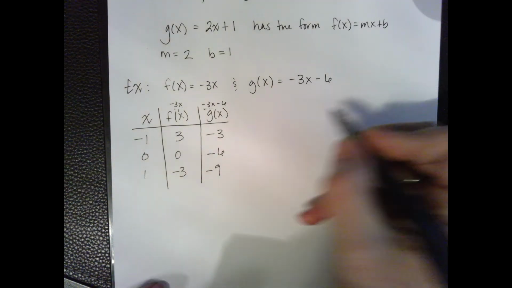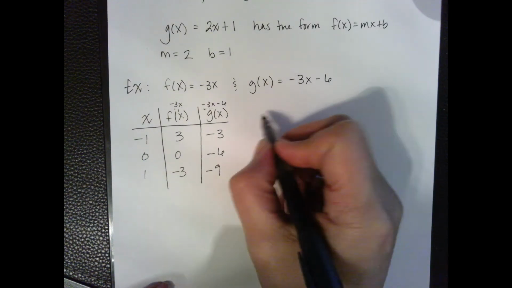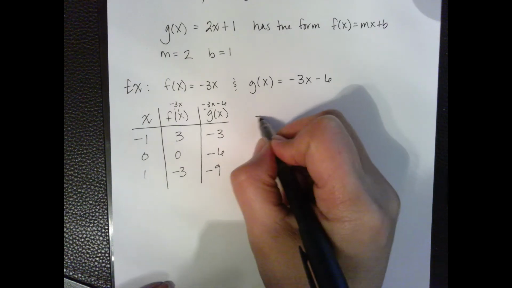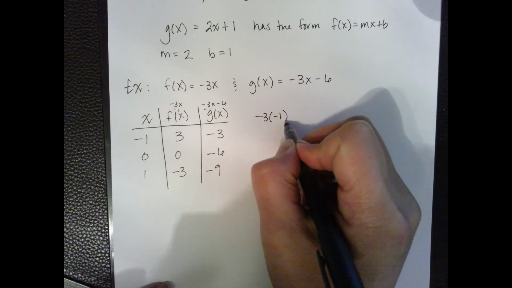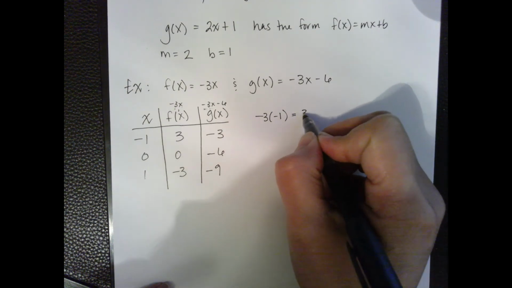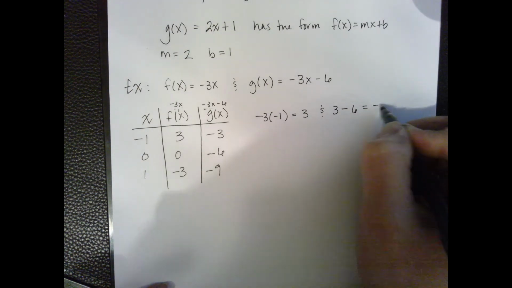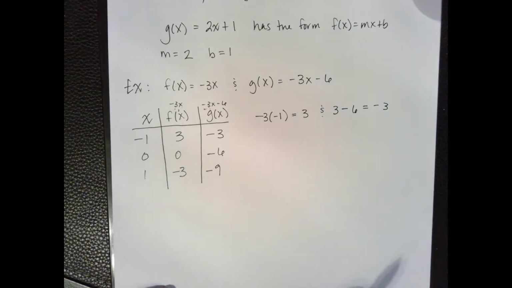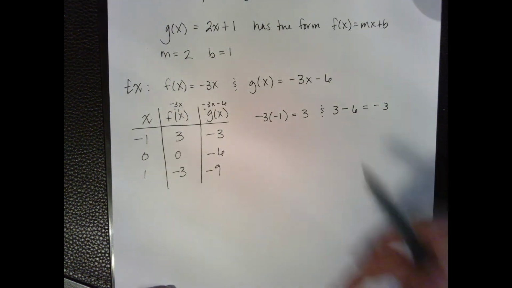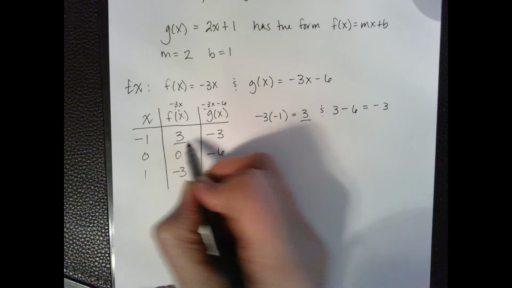Just in case you need to see it written out, first I evaluate f of x, so negative 3 times negative 1 gives me positive 3, and positive 3 minus 6 equals negative 3. So this is where this 3 is coming from.